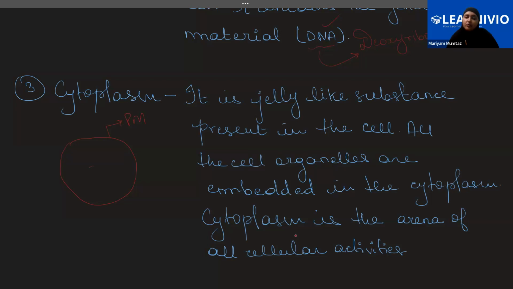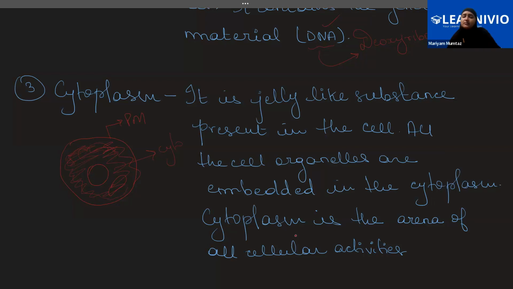If I'm drawing a nucleus, this is a nucleus. Now this area that I'm shading will be the cytoplasm. Meaning cytoplasm is where the mitochondria, the vacuoles, the Golgi apparatus, all the cell organelles will be present, embedded, sort of fixed onto the cytoplasm.